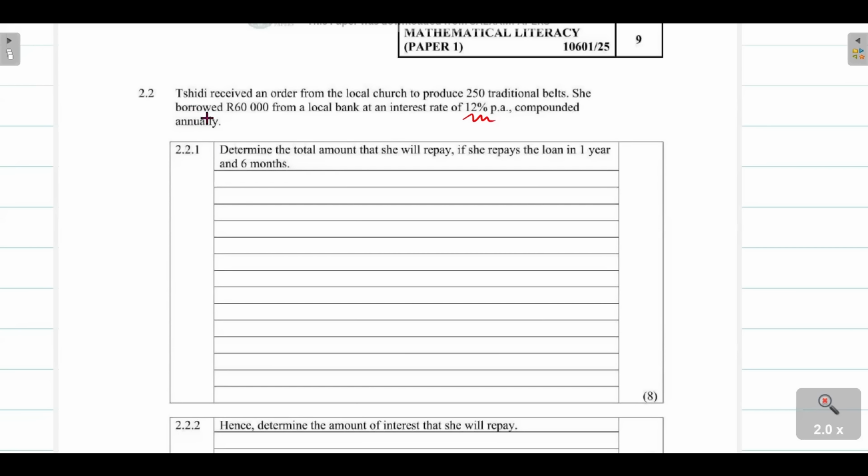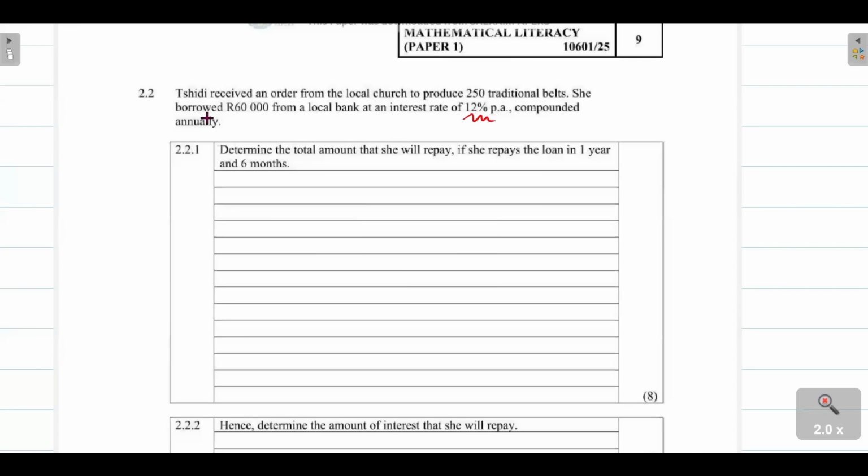Let's answer this question. UTD received an order from the local church to produce 250 traditional belts. She borrowed 60,000 from a local bank at an interest rate of 12% per annum compounded annually. Question 2.2.1: Determine the total amount that she will pay if she repays the loan in 1 year and 6 months.